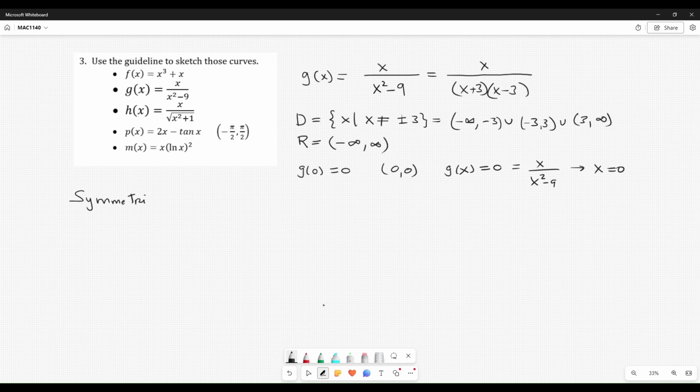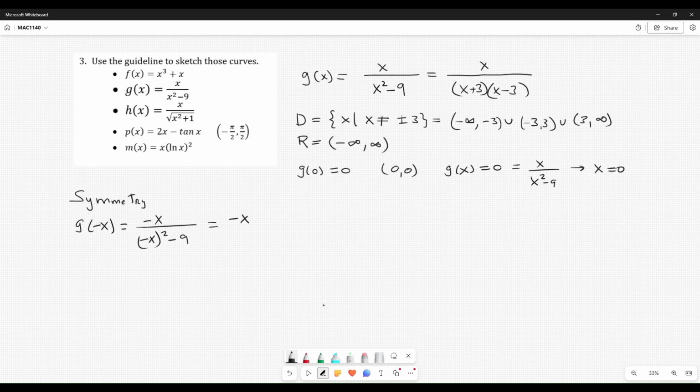The symmetry. You replace the original x with negative x. Let's see what happens. It's minus x over minus x squared minus 9.